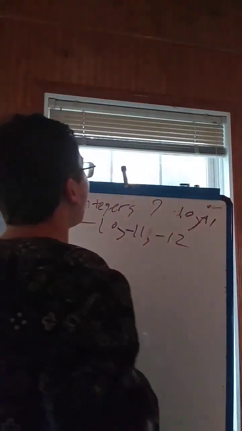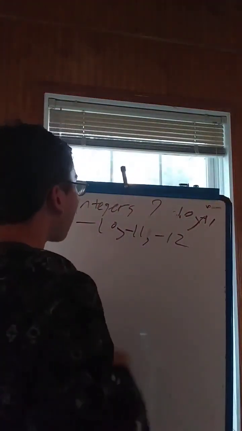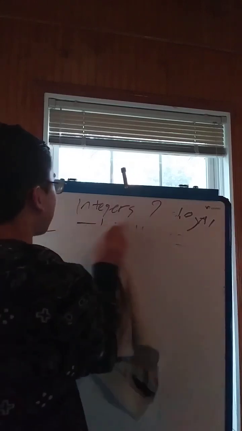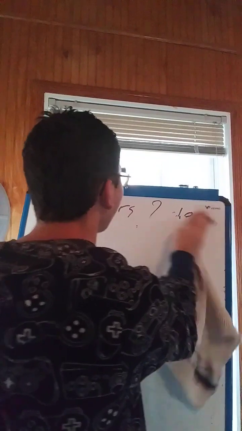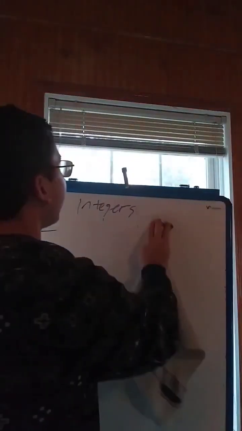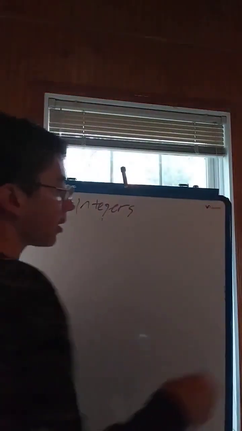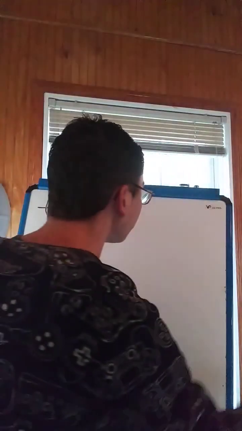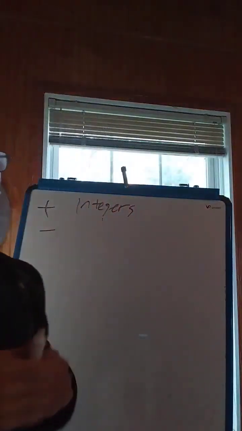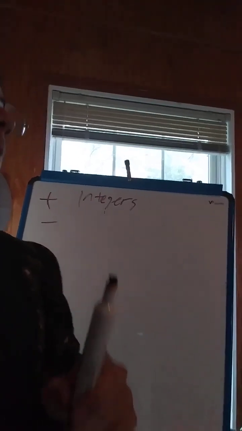So think of weather. Think if you were a farmer digging in the dirt. Or if you're climbing up a mountain, you're going higher. Going down the mountain, you're getting smaller. You're going lower.